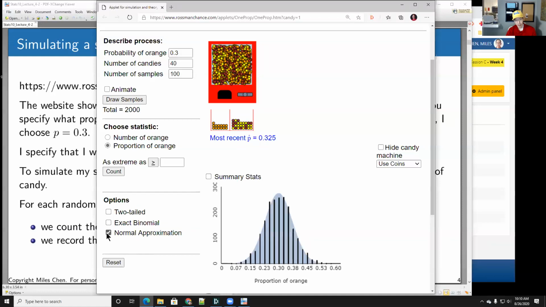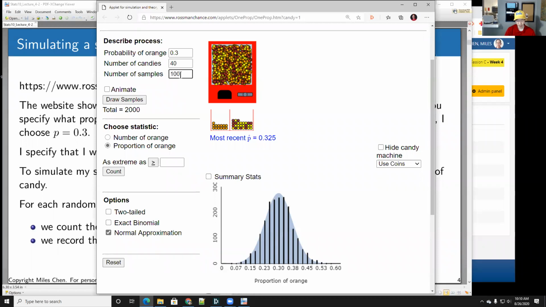You can actually overlay the normal approximation over this. And again, the reason why it doesn't line up perfectly right now is because this is the result of actual random trials. The black lines are an empirical sampling distribution, meaning that they are based on the actual random simulations that we've done.